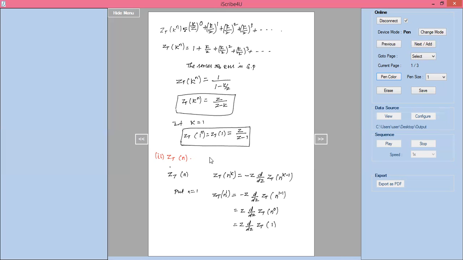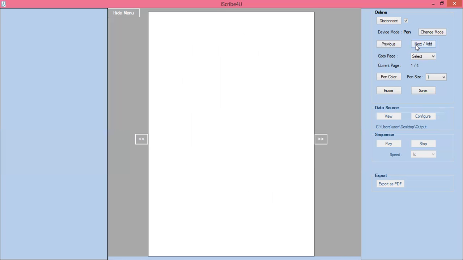Now, already we know the Z transform of 1 is Z divided by Z minus 1.